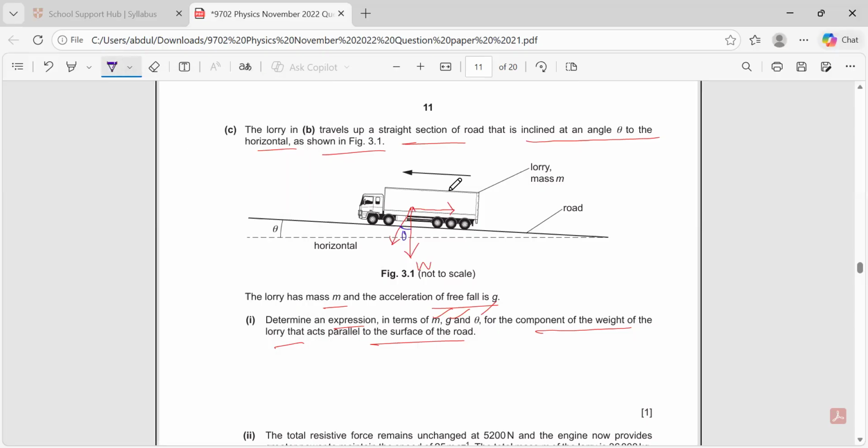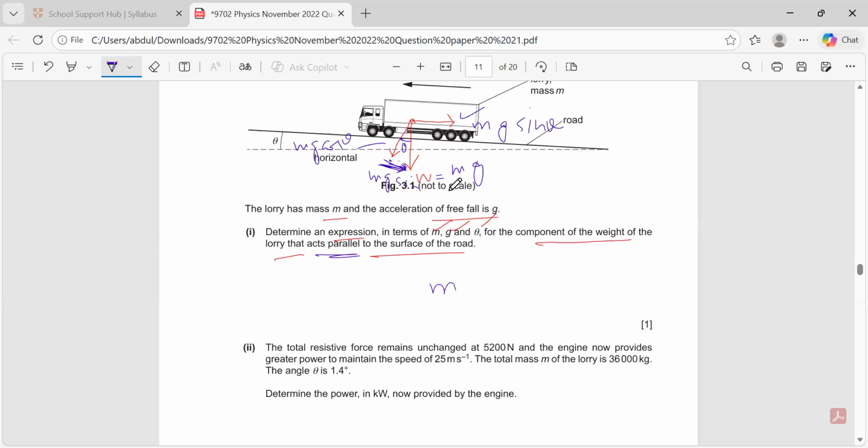So this is weight, that is equal to mg. Now this one component which I have drawn upward is opposite to theta, so it will be mg sin theta. This one will be mg cos theta. They want the component that is parallel to the surface. So this one, which is parallel to the surface, what is that? mg sin theta. Only one mark.